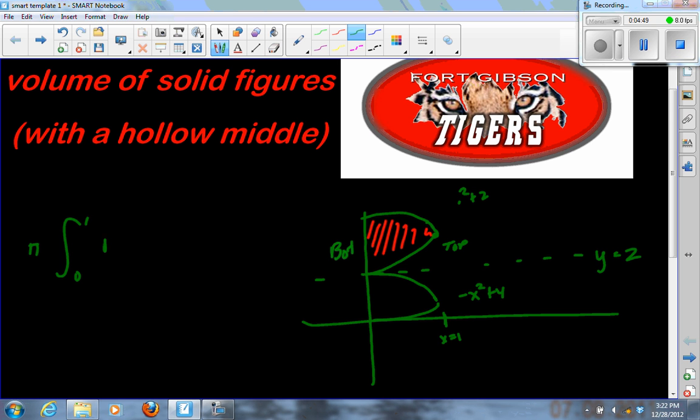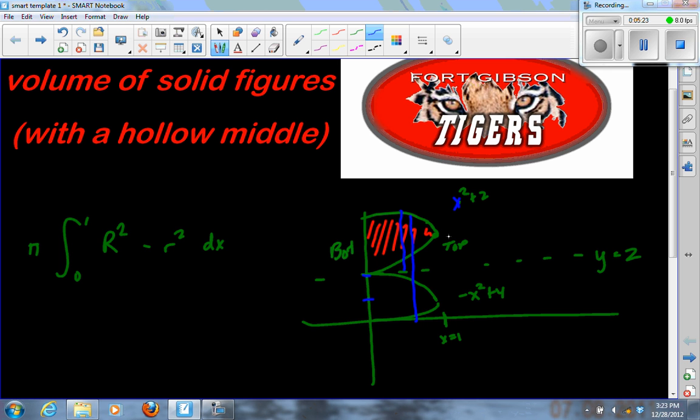And we're going to go big R squared minus little r squared. Okay, so big R. How far is it from the axis of revolution all the way out to the top? Well, this is x squared plus 2. From the x-axis all the way to here is x squared plus 2. So it's definitely not that long, because from here to here is 2.